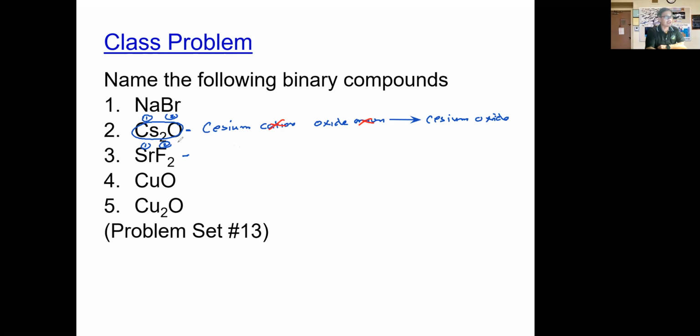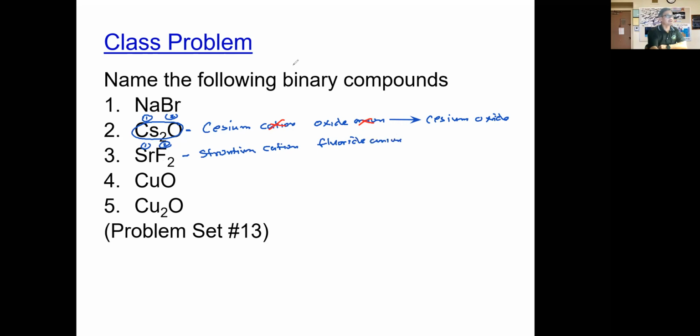Okay, so the name of the cation is going to be strontium. Sr is the symbol for strontium. That's the metal. And since it's the cationic form, we're going to write down the word cation. The anion is made up of fluorine that has a charge. That's going to be the fluoride anion.